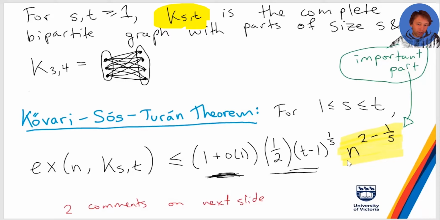The really important part is the last factor, n to the 2 minus 1 over s, which gives you an upper bound on how fast this grows as n goes to infinity.